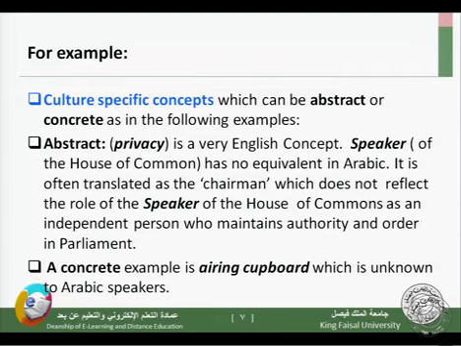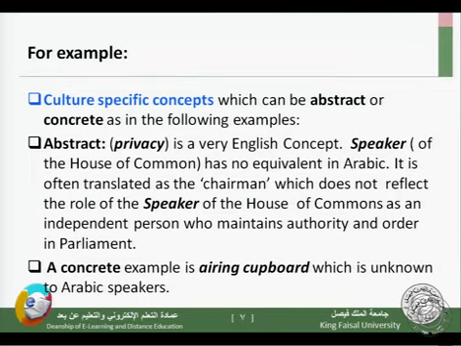I don't know whether you have seen the Parliament in England when they speak. The government sits from here and the opposition from here, and the Speaker sits here, and he maintains authority and order. He would say order, order, order. When they become a bit noisy, he would say order, order, and everybody would be quiet.